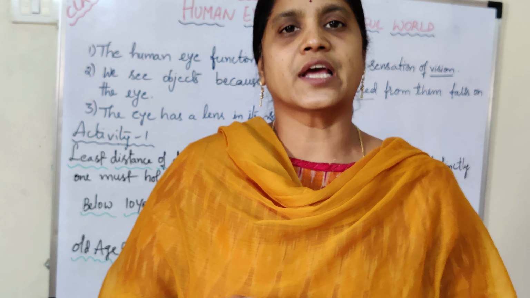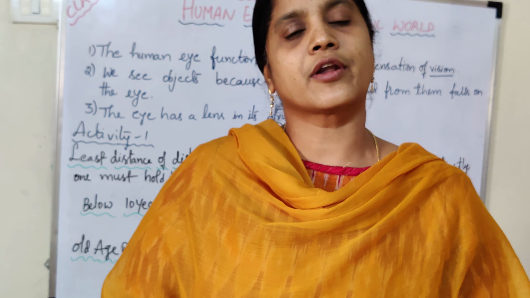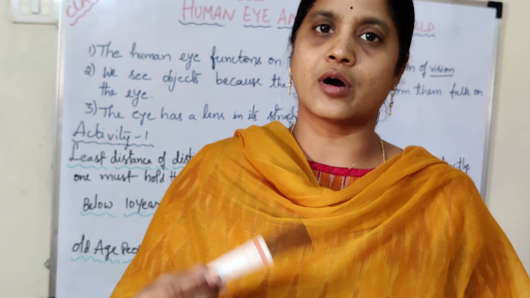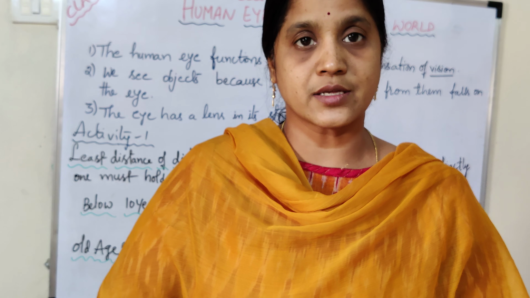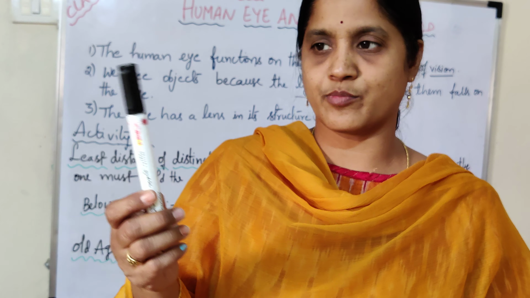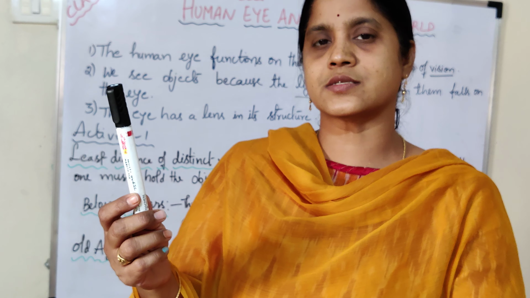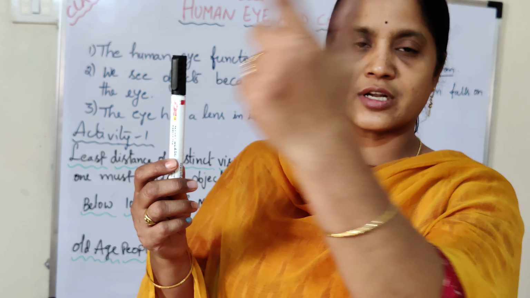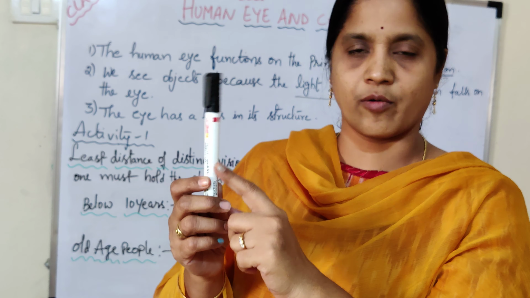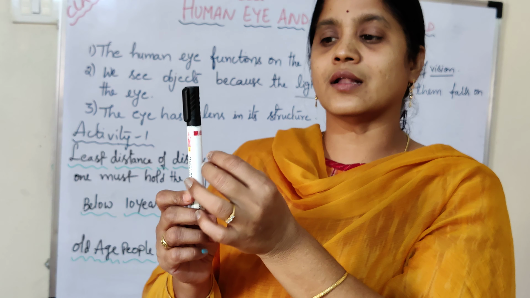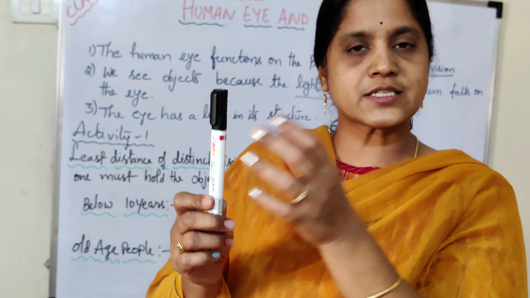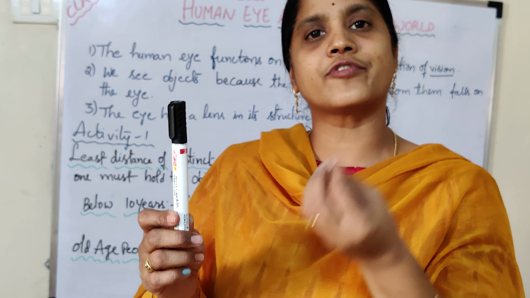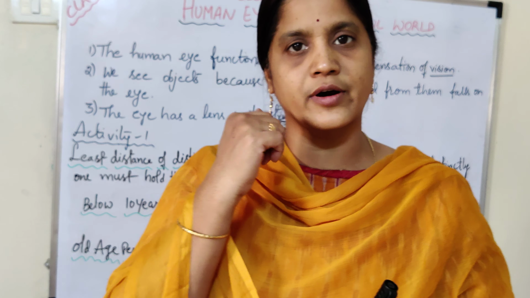We are able to see any object. How are we able to see? Because through our eyes we are able to see. For example, I can see this pen. How can I see? Because when light from an external source falls on this pen, the light rays reflect from the pen, and a few of the reflected rays reach our eye.